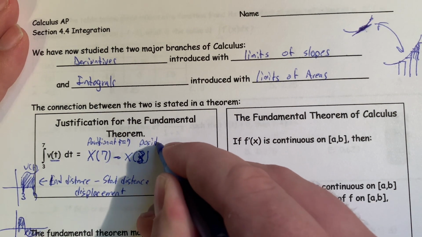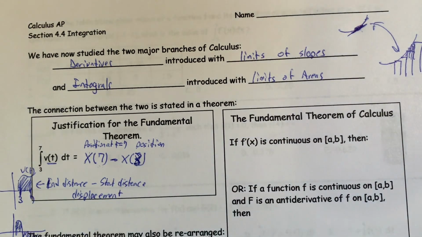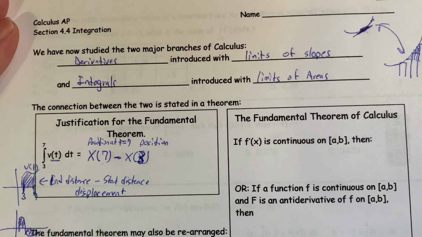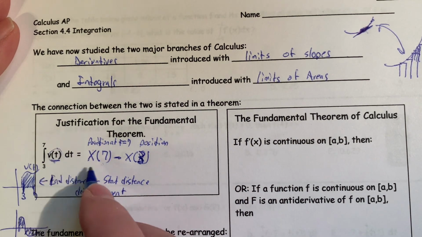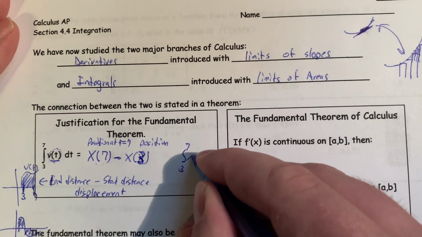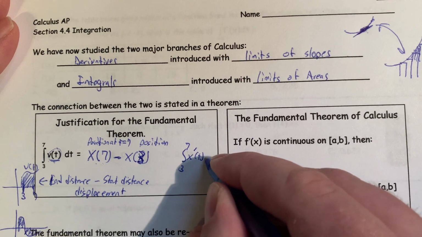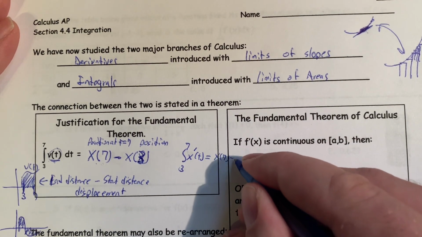So it's how far the car traveled if it's all positive, but it's really just the ending position minus the starting position. And you might notice that I can rewrite this. Velocity is the derivative of position. So this is the same as saying the integral from 3 to 7 of the derivative of position, which is velocity, is equal to x of 7 minus x of 3.